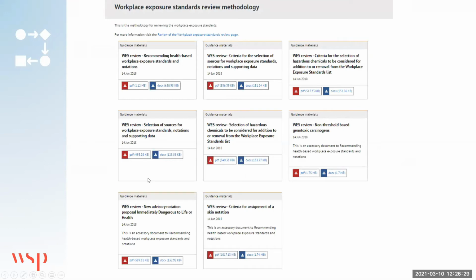I'm pretty sure some of you may have had a look, but it discusses those three parts with deeper explanations. Also remember that you can provide feedback on the draft evaluations, but Safe Work Australia are only seeking feedback on the science at this point, the scientific specifics of the derivation.